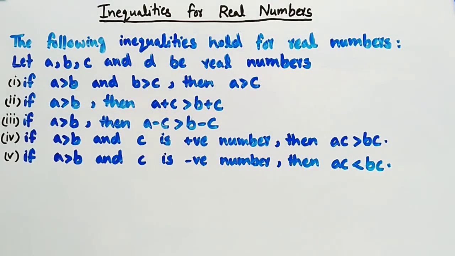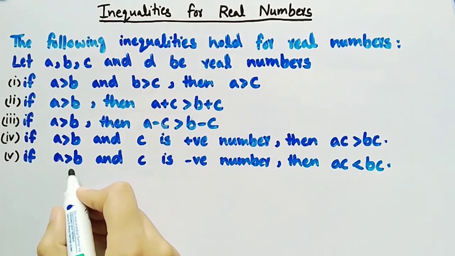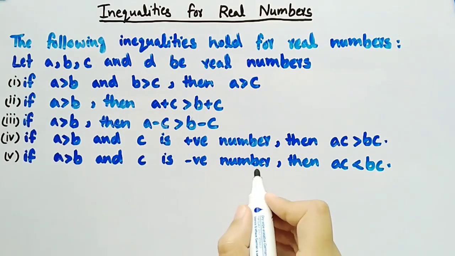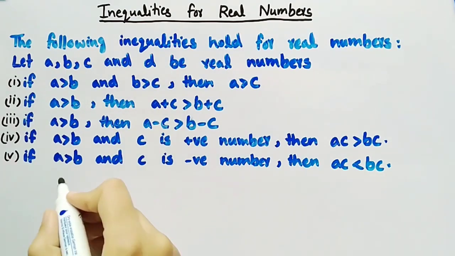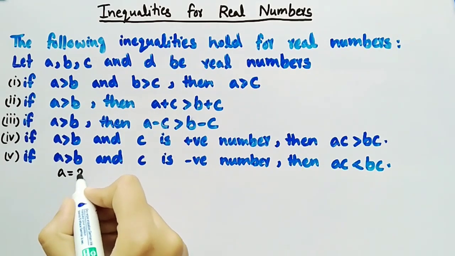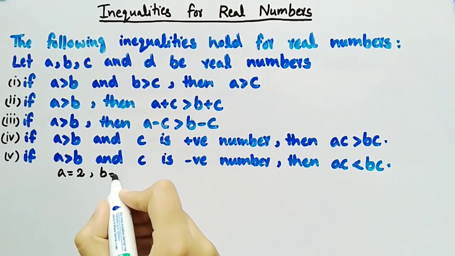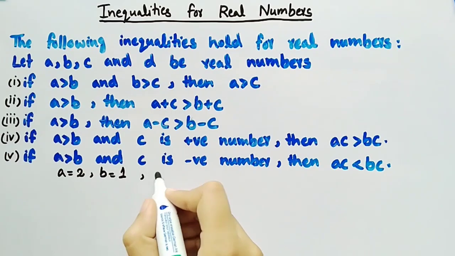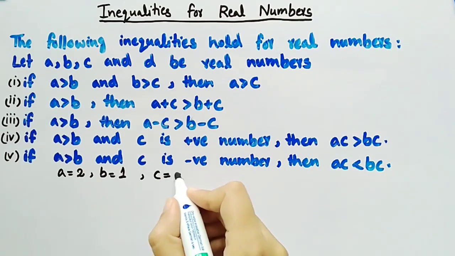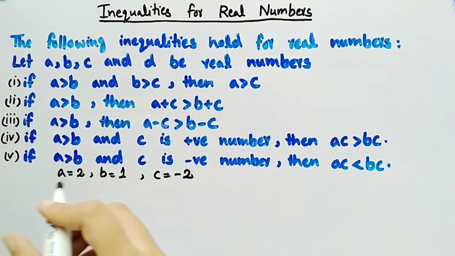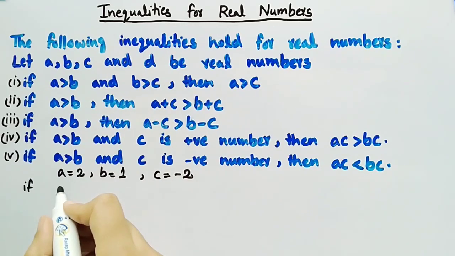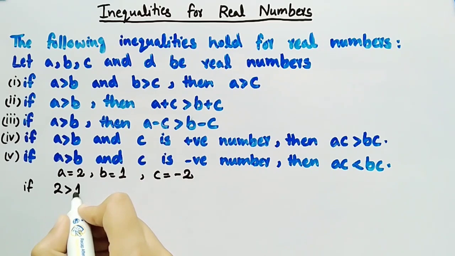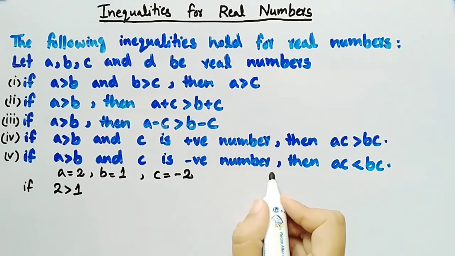The fifth inequality is, if A is greater than B and C is a negative number, then AC is less than BC. For a particular case, if we consider A equal to 2, B equal to 1 and C equal to minus 2, then we can clearly see that A is greater than B, that is 2 is greater than 1, and C is a negative number.